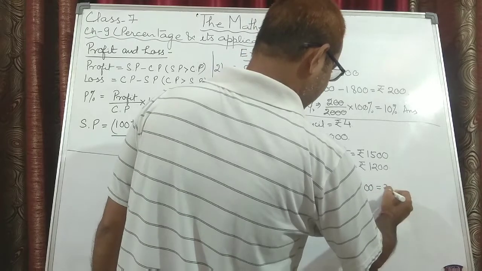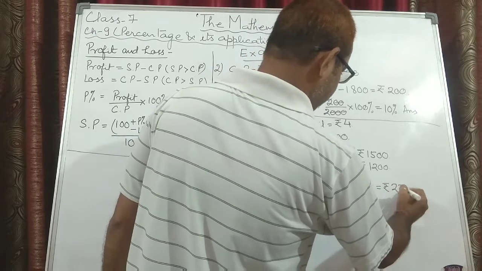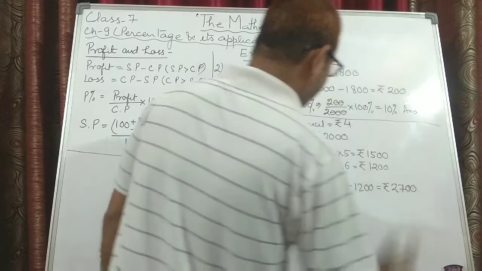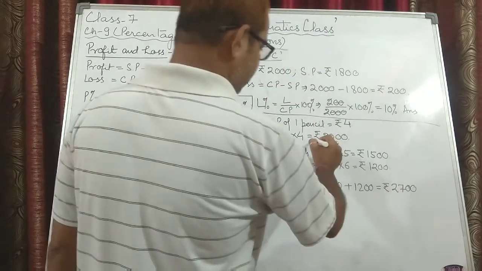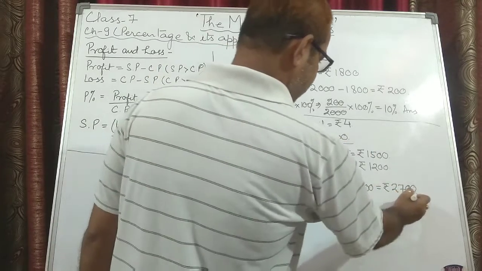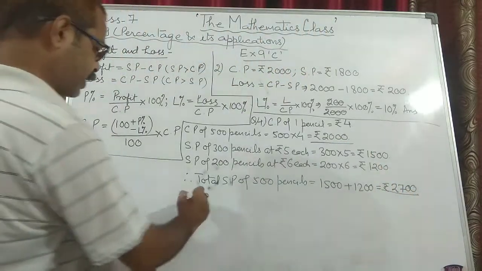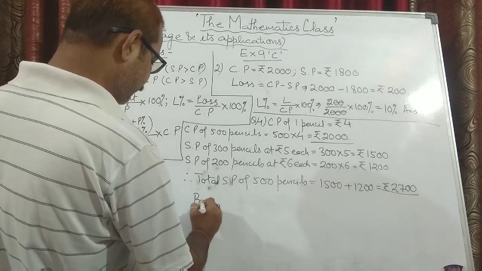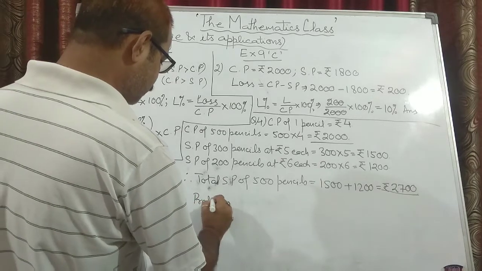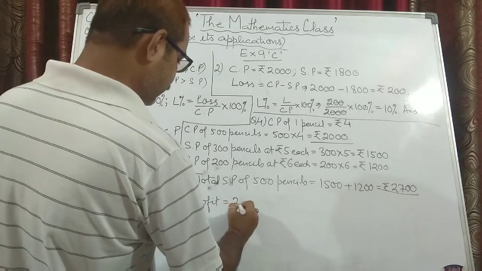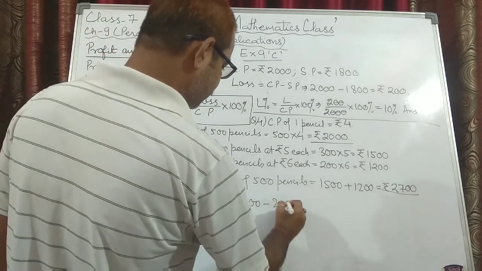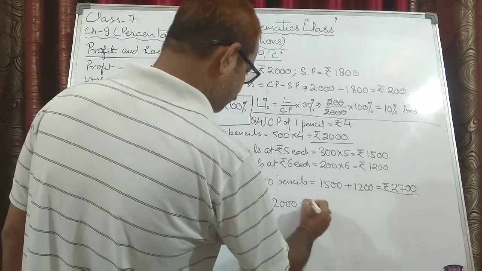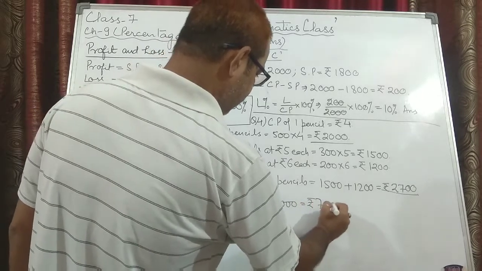So it comes to rupees 2700, and the total cost price was 2000. So you can see the cost price is less and the selling price is more. It means it is profit. How much profit is there? Profit is selling price, that is 2700, minus cost price, that is 2000. It comes to rupees 700.